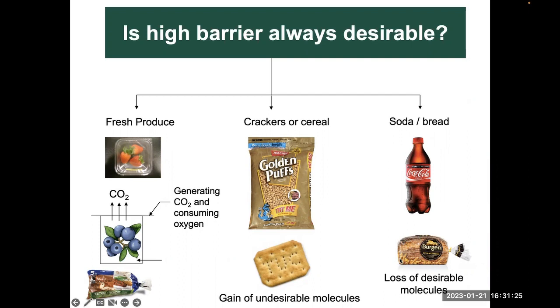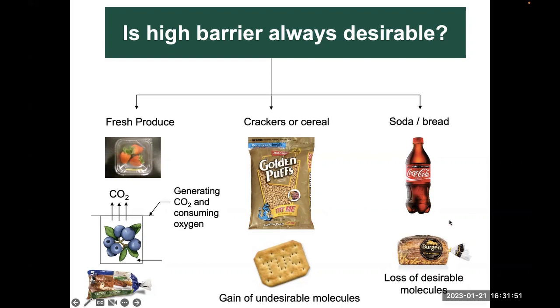Now, some of the breads, they have higher water content or higher water activity. And if we lose the water from the bread, it's not desirable. So that's why in some of those breads, you would see multiple layers of packages, 2 layers of films to contain the moisture.